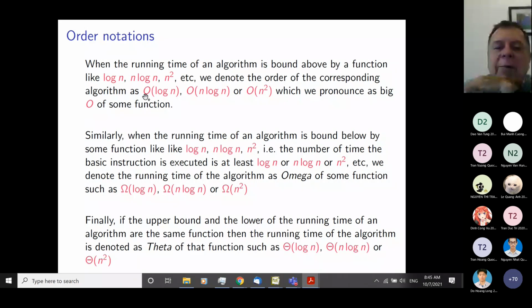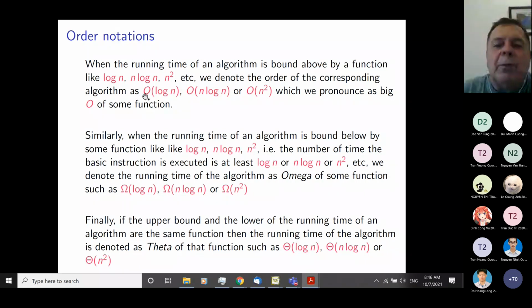So we have those asymptotic notations, big O, omega, and theta. So what does the big O in front of the log n stand for? We have a running time that is growing as a log function of n, so growing slower than n.